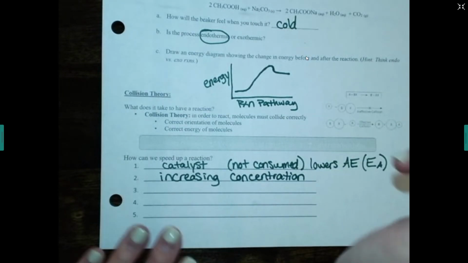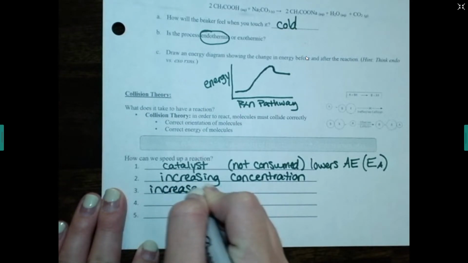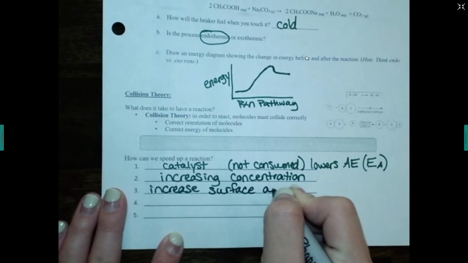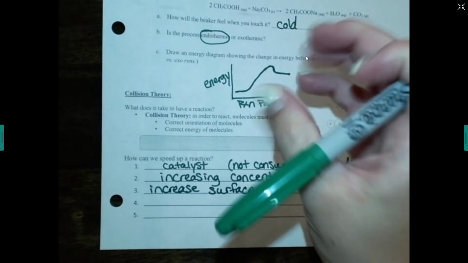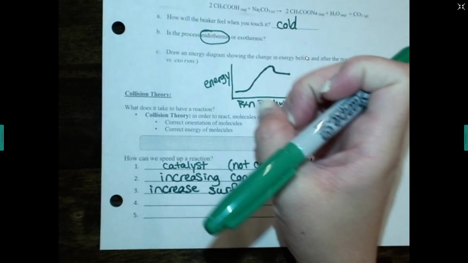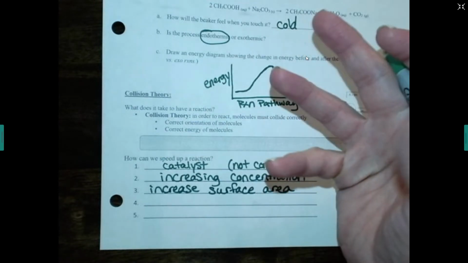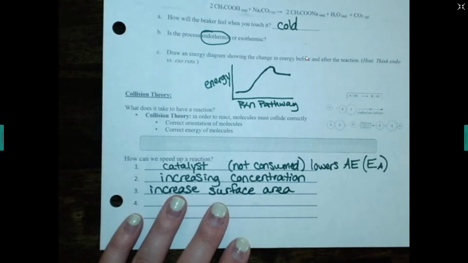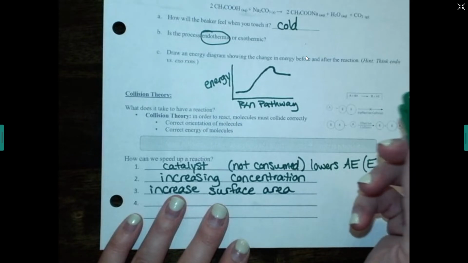Another thing you can do is increase the surface area. What do I mean by that? So if you have a big chunk of crystal and you want it to react, how can you increase the surface area? You can crush it up into a powder and then maybe try to dissolve it in your other reactant or whatever it is you're trying to react it with.